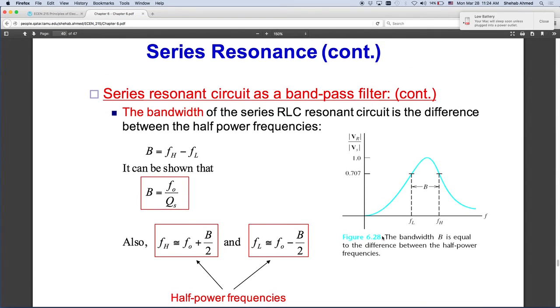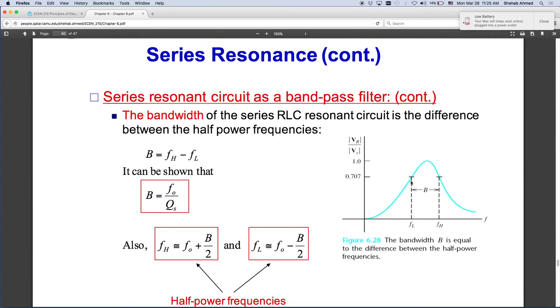Some more definitions. The half power point is defined as the point where the transfer function magnitude is minus 3 dB less. Where is that happening, for the low pass filter, for example?